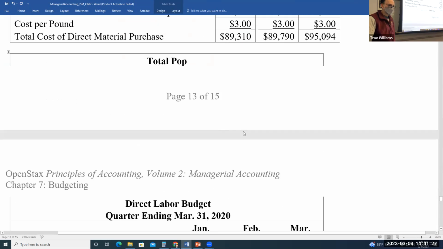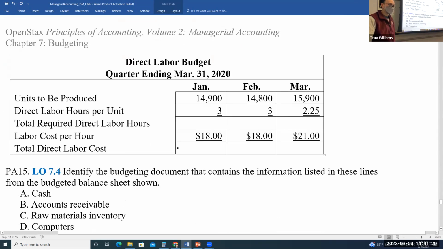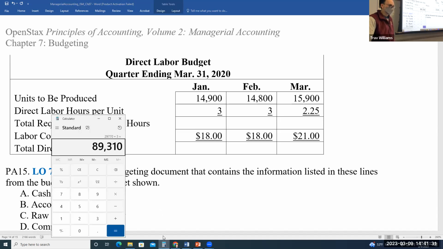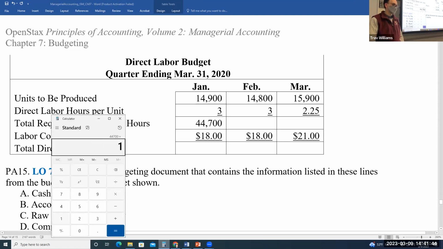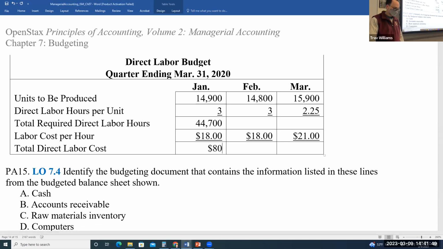Okay. So now we just multiply. Right, we take the 14,900 units for January times 3 hours per unit. Gives us 44,700 hours times our $18 rate. 804,600.